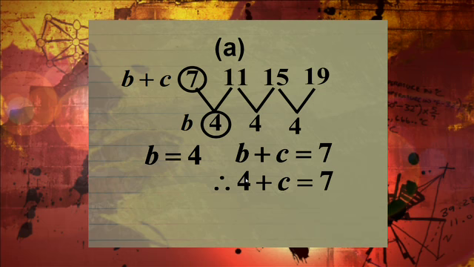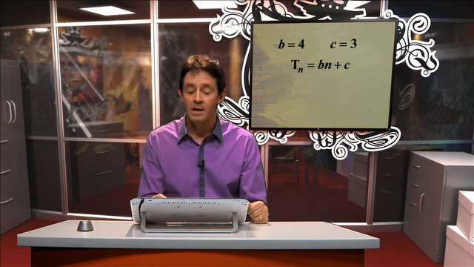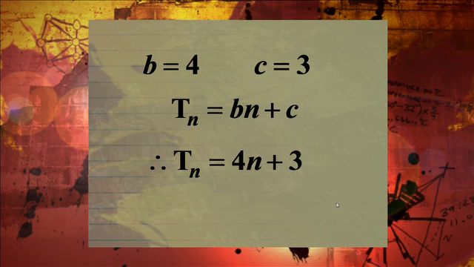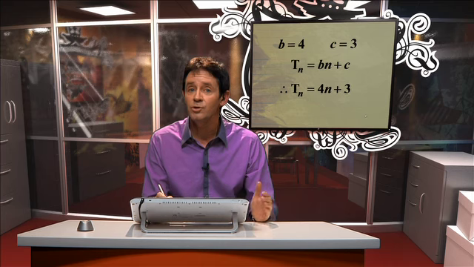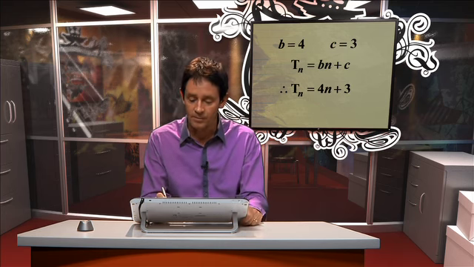It must be 3, or you can just bring the 4 across, and we get c is equal to 3. So b is 4, c is 3. There's our little rule for linear, and we plug in the 4 and the 3 there. And what's also nice is you can use a plus (n minus 1)d. Go and try that. It's very cool.